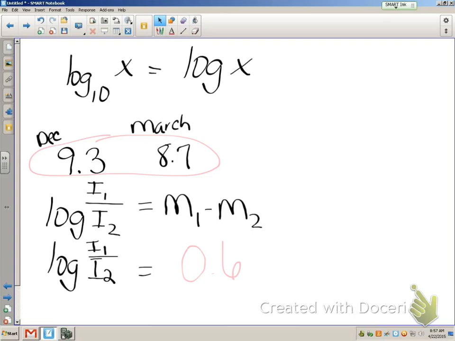Clearly, 8.7 times 4 is not 9.3. But that just goes to show you that the logarithmic scale is different than what we're typically used to looking at. So from a 9.3 to an 8.7, the December one was 4 times stronger than that March one. So that's an application problem to use logarithms.